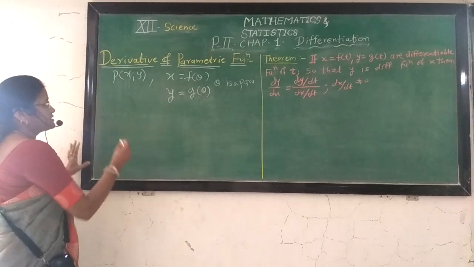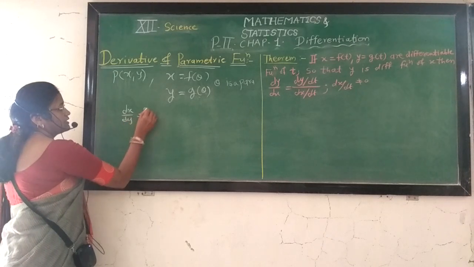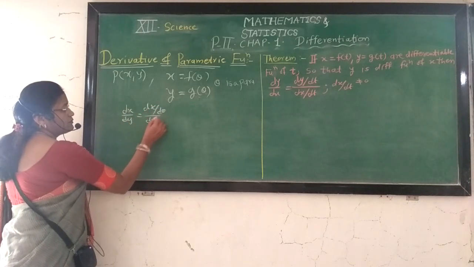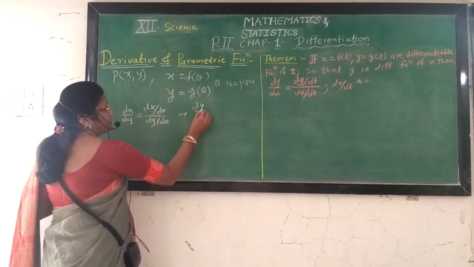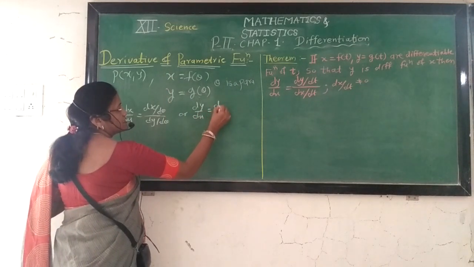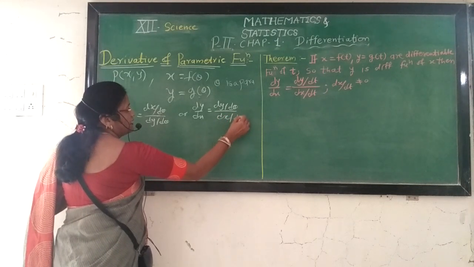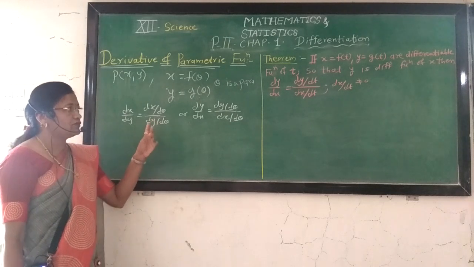For this case, we take the derivative of x with respect to y as dx by d theta divided by dy by d theta. And second, dy by dx, the derivative of y with respect to x, is dy by d theta divided by dx by d theta. That depends on the condition given to you.